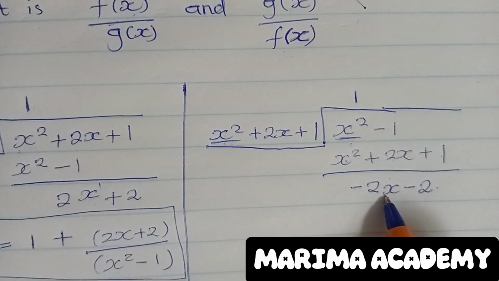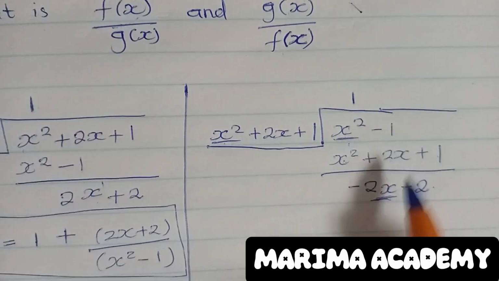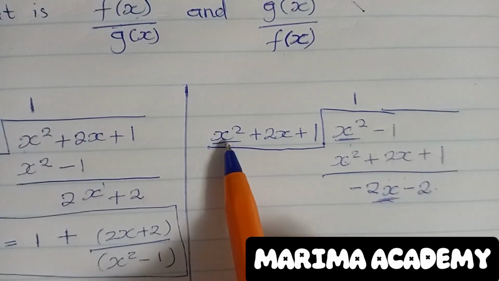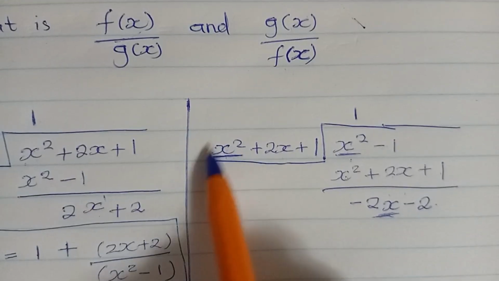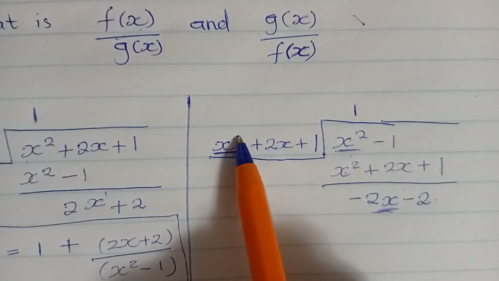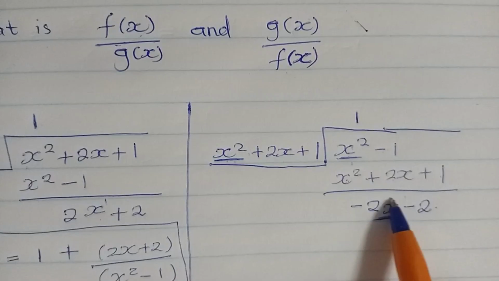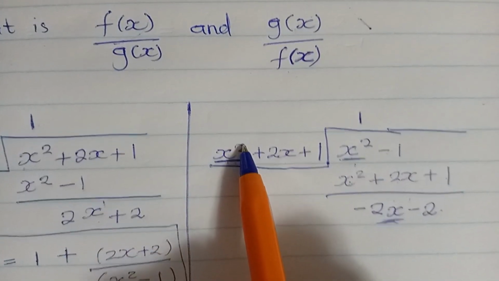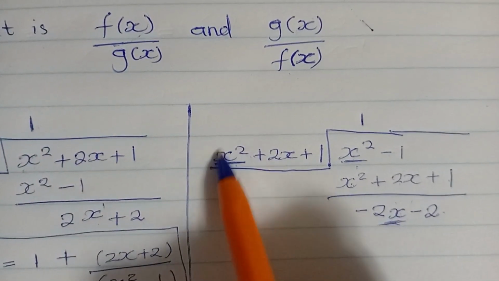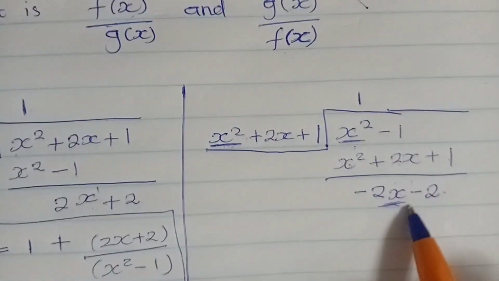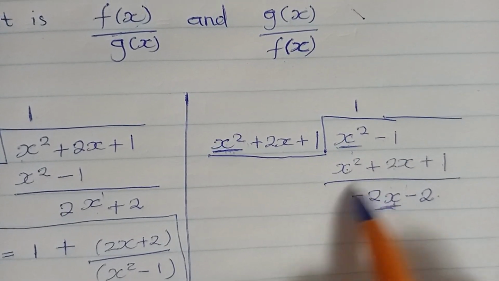Remember, the term with the highest degree here is this one. What is the degree? The degree is 1. But the term with the highest degree from the function that we are dividing with is 2, and 2 is greater than 1. We cannot divide by a term whose degree is greater than the degree of the term we are dividing, so this will be our remainder.